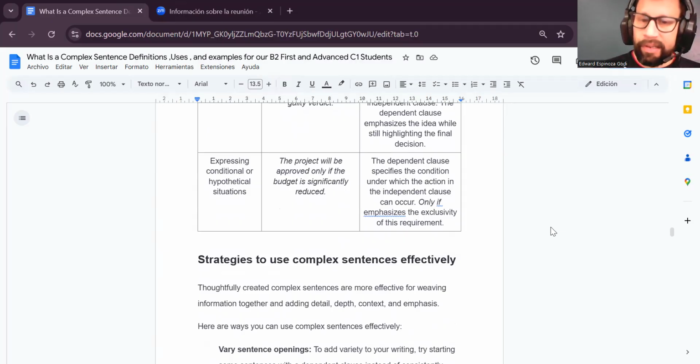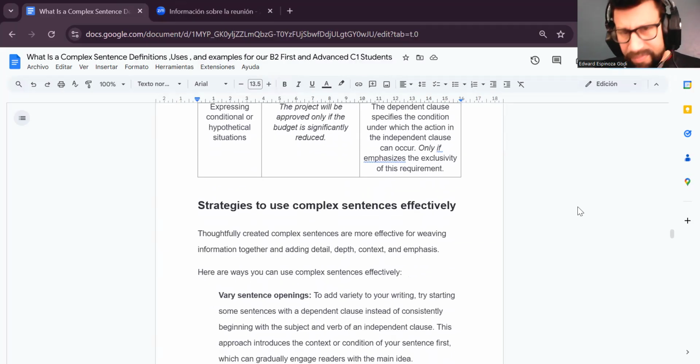The dependent clause specifies the condition under which the action in the independent clause can occur. And only if emphasizes the exclusivity of this requirement. So only if, that is the only way this is going to happen. Only if the budget is significantly reduced.